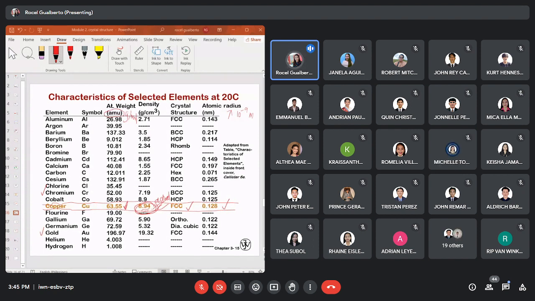It is only the FCC for copper that was there, but the rest was missing. Just check for your reference. Yes, Prince, it's not complete for you too. Later, I'll send the screenshot of this table from Callister to the GC so that you also have a copy.